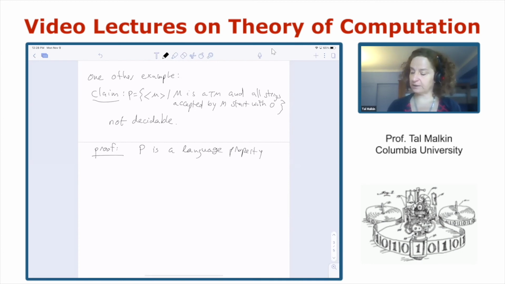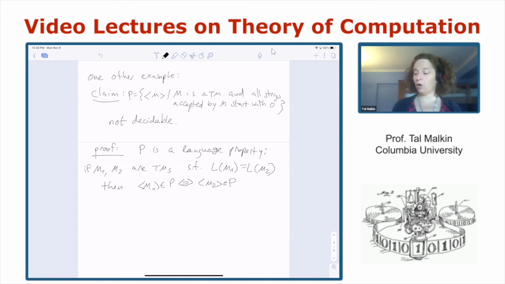P is a language property. It's easy to see, but let me write it out. If M1, M2 are Turing machines such that they recognize the same language, then M1 satisfies P if and only if M2 satisfies P. Why?